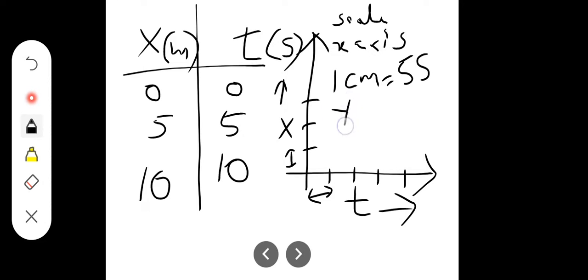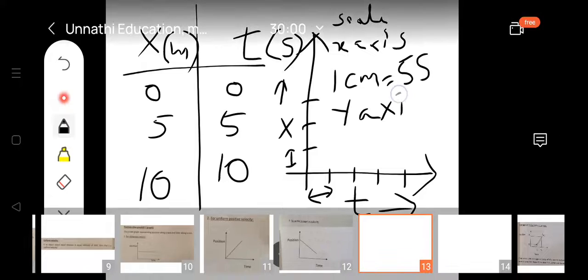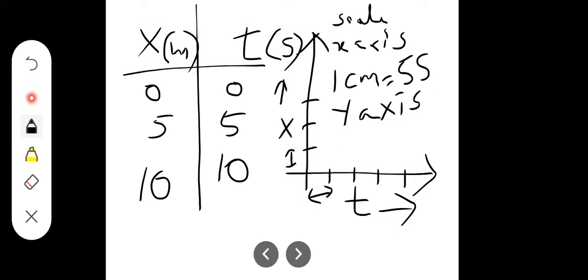And in the y-axis, 1 centimeter equals what? You are representing position, so say 5 meters.